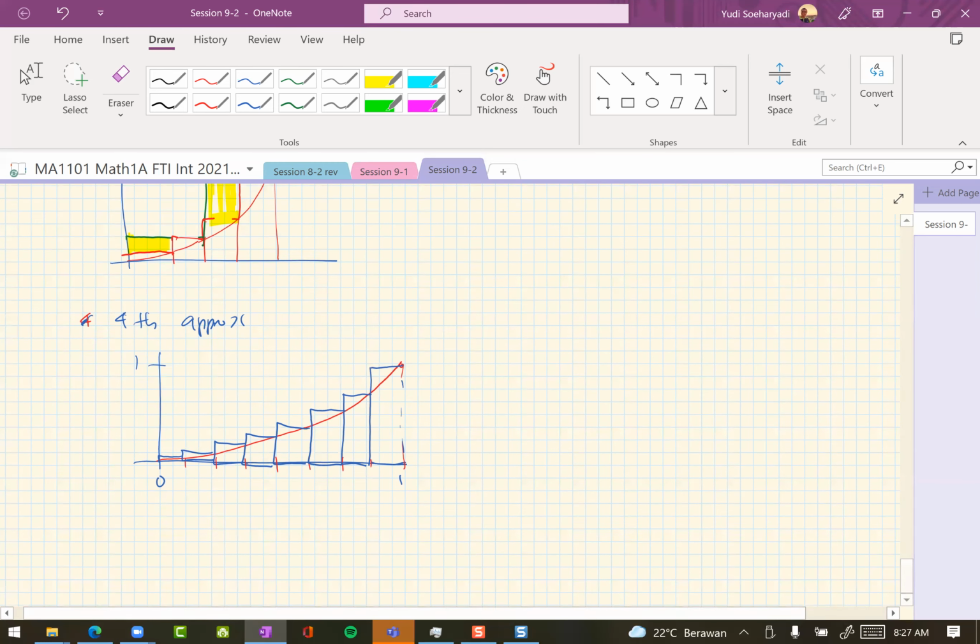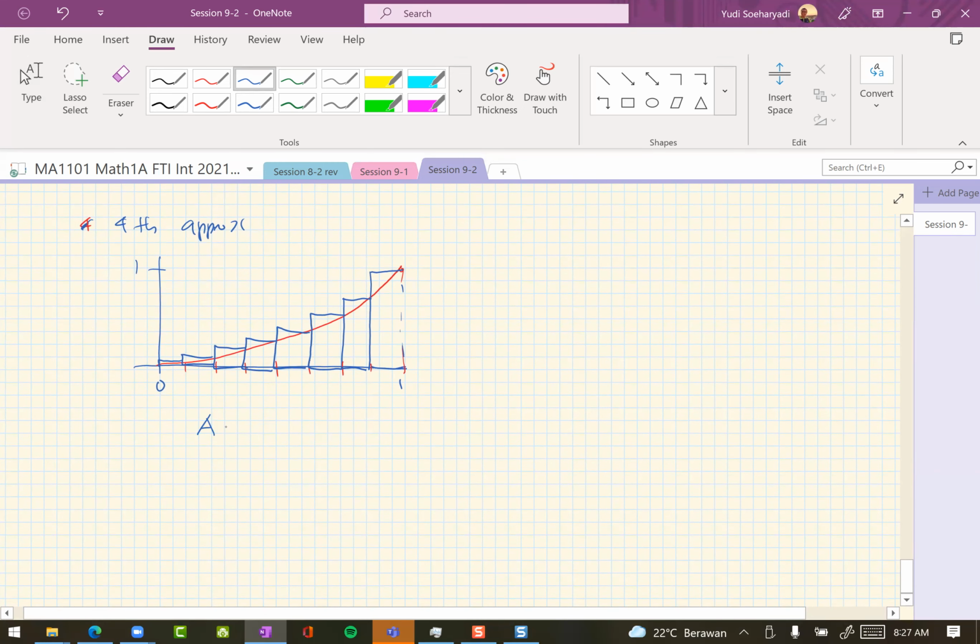Okay, so the approximate area, each length is, of course, 1/8. This is 1/8, this is 2/8, this is 3/8. Okay, so 1/8 squared, 2/8 squared, going on.